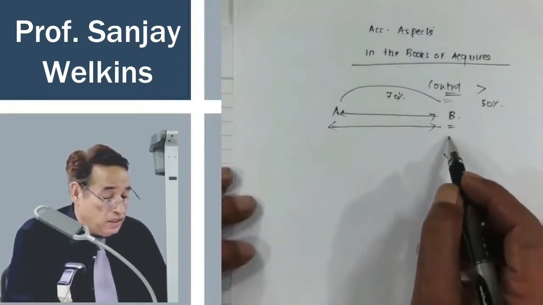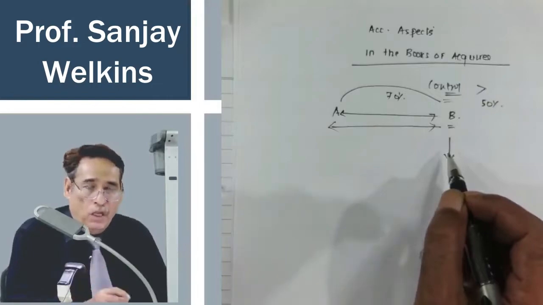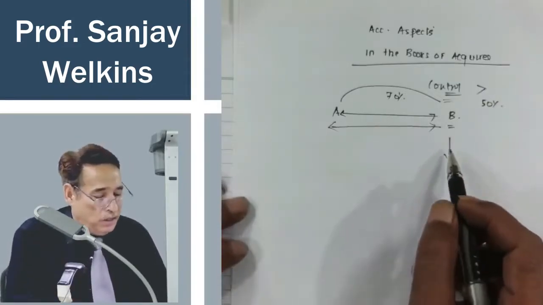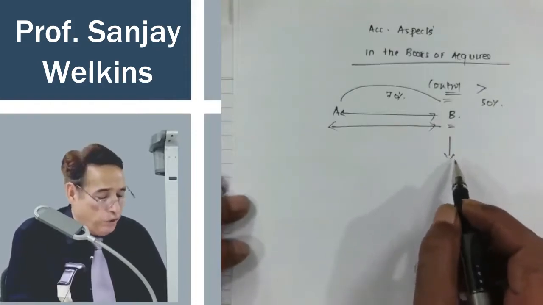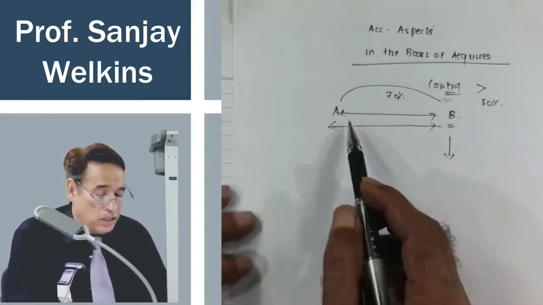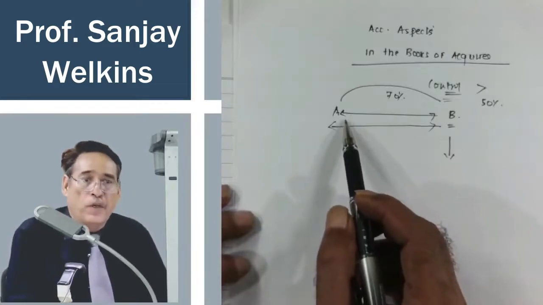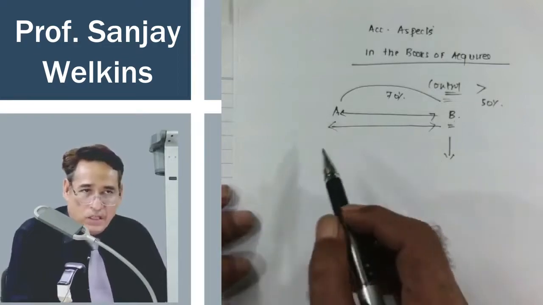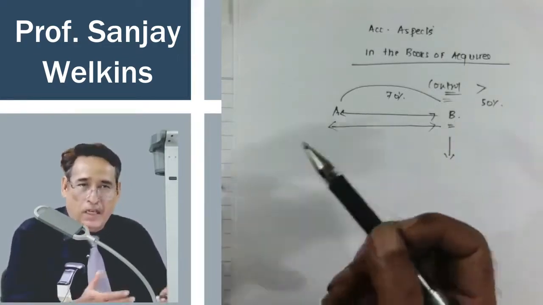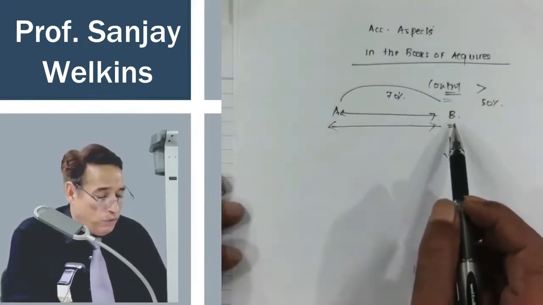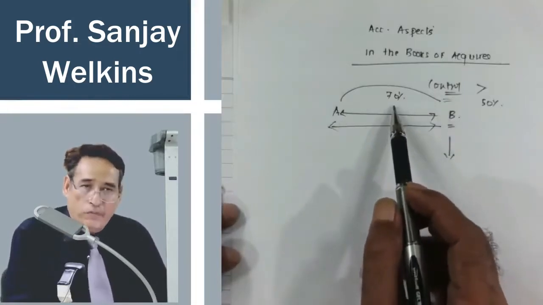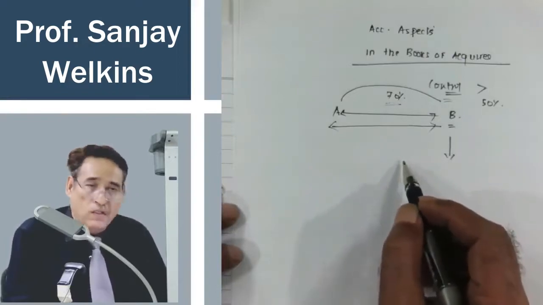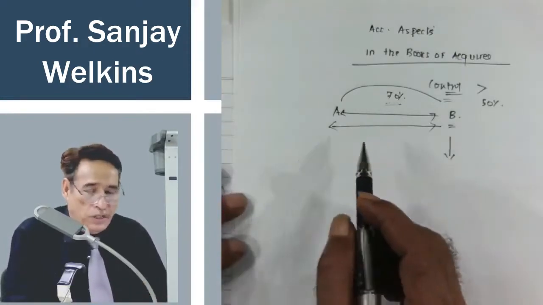But in that case, this entity will continue doing the business in the normal usual fashion, only it will have to function according to the directions of the parent entity, because this has now become the parent and that is the subsidiary. We may say casually that we have acquired company B, but the fact is that we have just acquired the control and company B is still in existence. Correct? This is one way of acquiring the other entity.